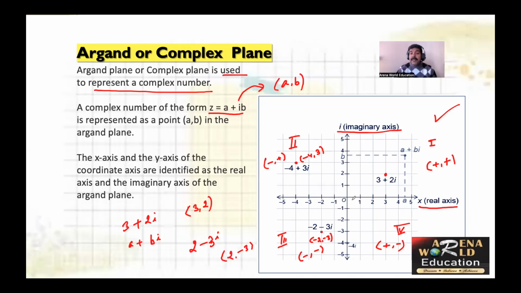So the real part is 2 and the imaginary part is minus 3. So this will be the position of 2 minus 3 iota, right? So in this way, we can easily represent any complex number graphically, that is, on the Argand or complex plane.